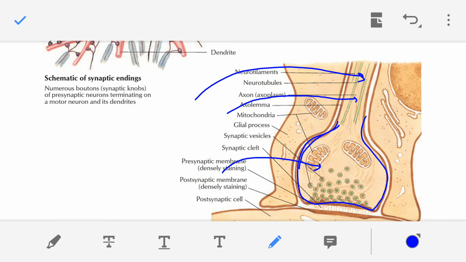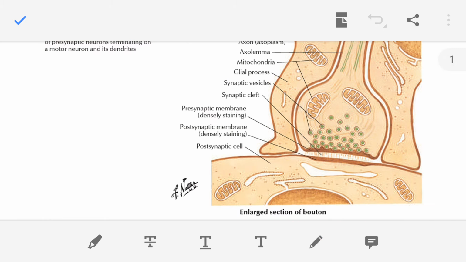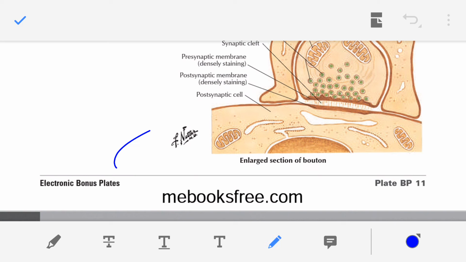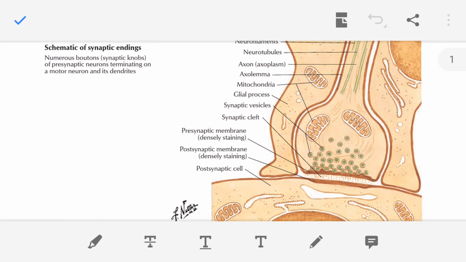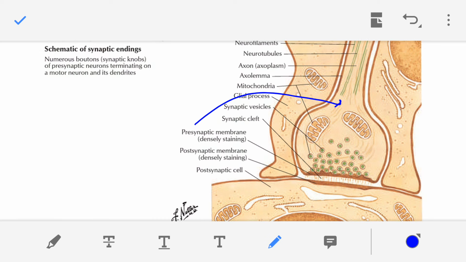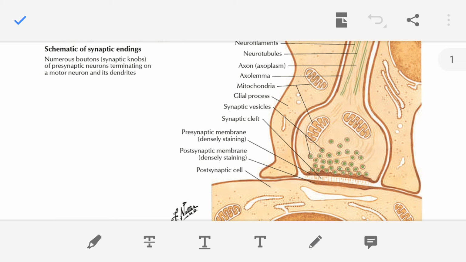This cell is the postsynaptic neuron, and this cell is the presynaptic neuron, and this portion is known as the synapse.